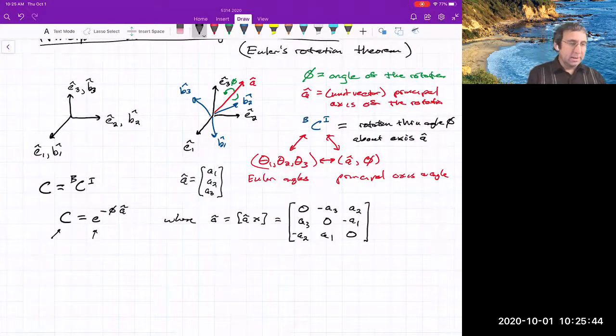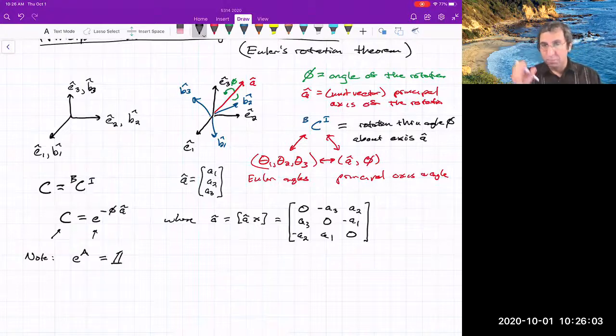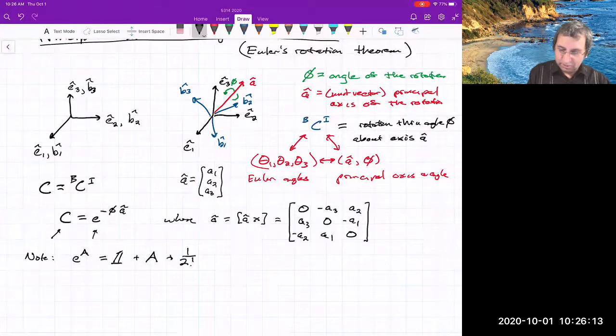If you haven't seen the exponential of a matrix, here's a little mathematical note. If I write e to the A, where A is a matrix, the matrix exponential is defined in terms of what looks like a Taylor series expansion for the exponential, but you put the matrix there instead of a scalar. So this would be the identity matrix plus A plus 1 over 2 factorial A squared, and so on.